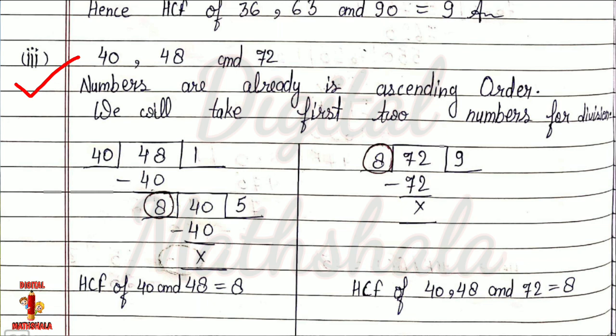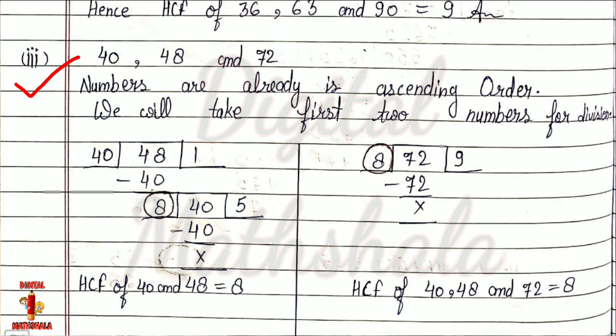Now again we will divide 40 by 8, and 5 times it will go, and now we are having 0 remainder. So here the last divisor will be 8. So last divisor of any 2 numbers will be the HCF of the given numbers. So here we can say that 8 is the HCF of 40 and 48.